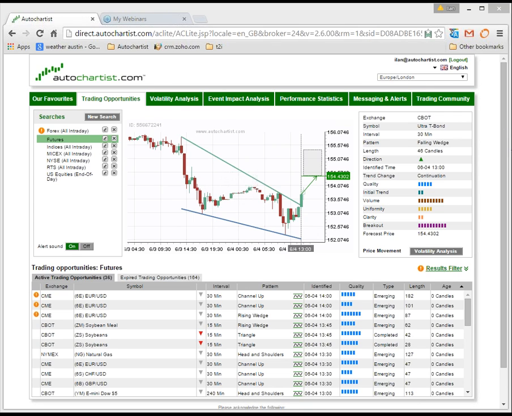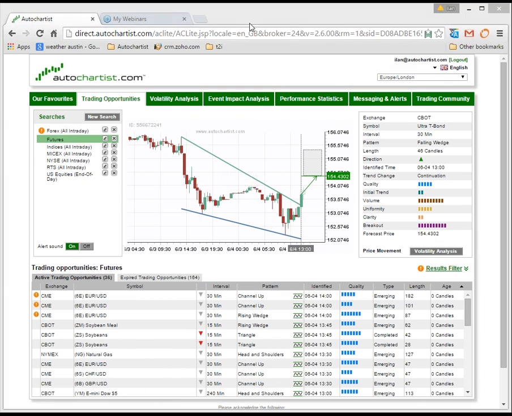So what Autochartist tries to do is identify these turning points in the market, which in chart pattern or psychology theory form these overbought and oversold levels.